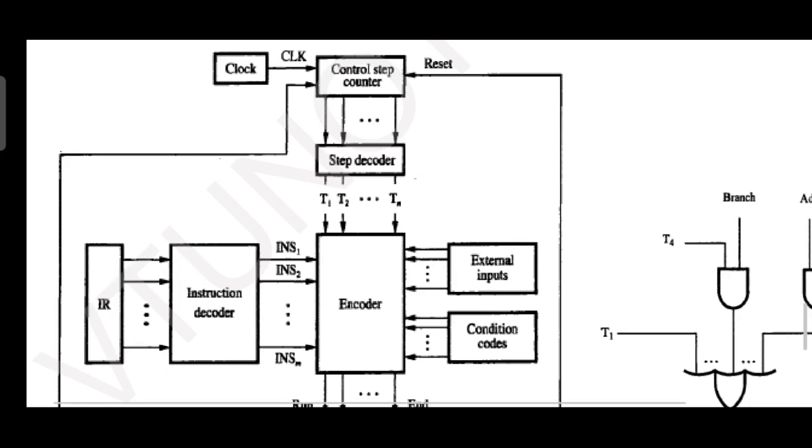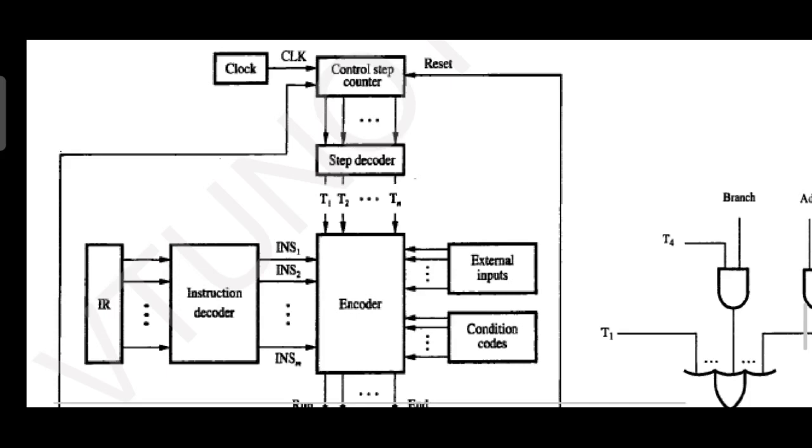Then we have a step counter, called the control step counter. This control step counter generates the step id for the step decoder. In each step, certain control signals will come one after the other at T1, T2, T3 and so on. That is decided by the step decoder.